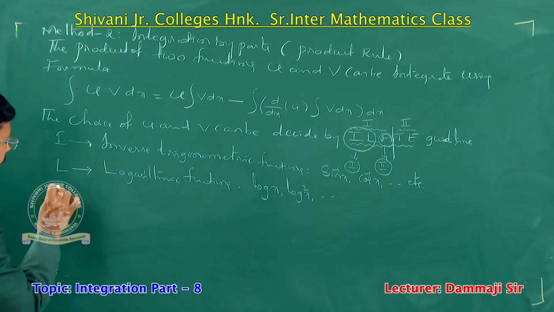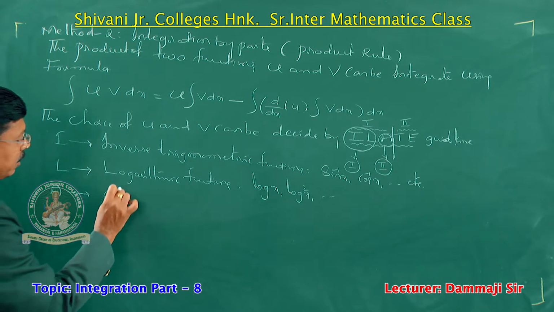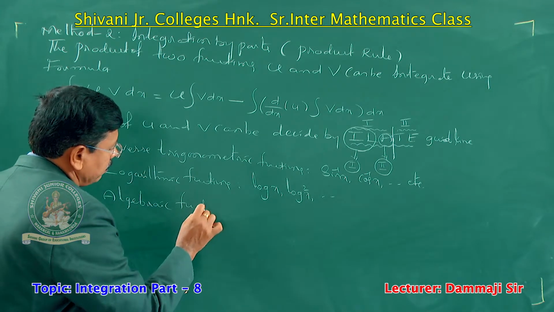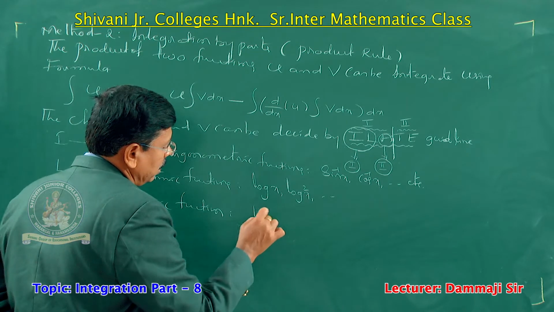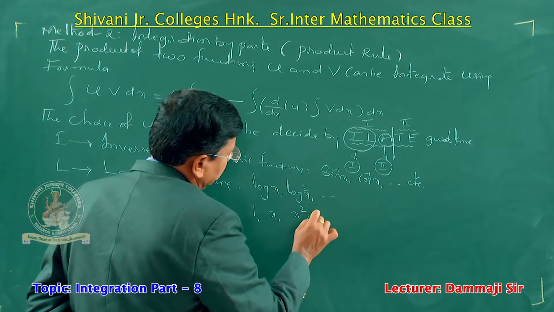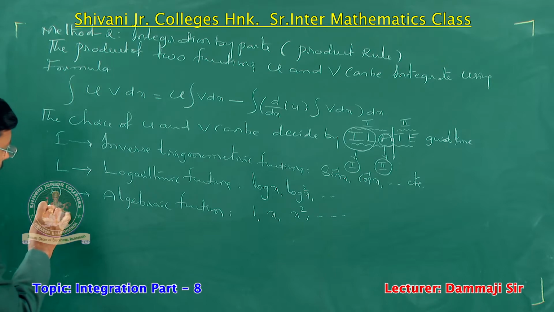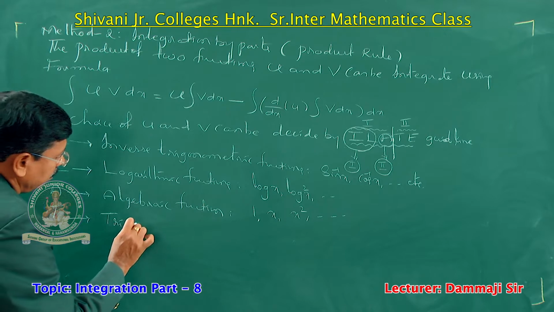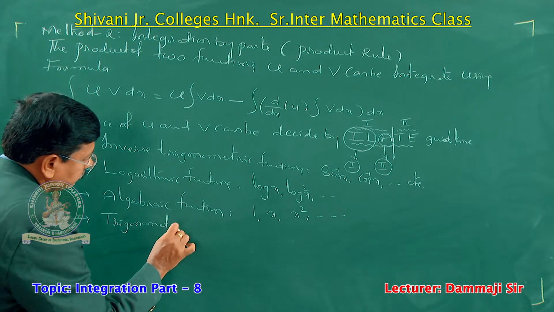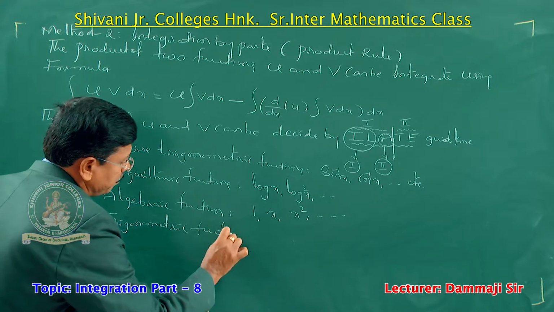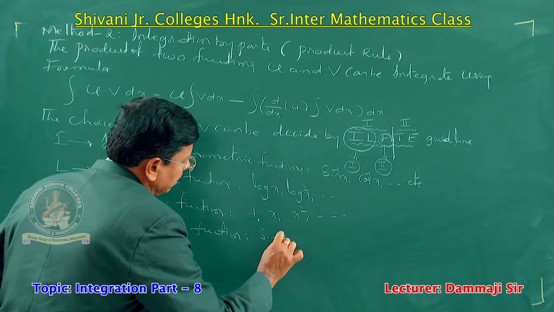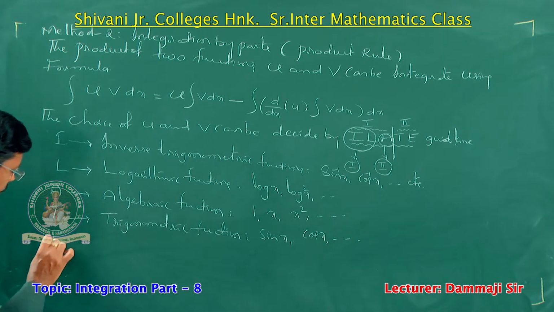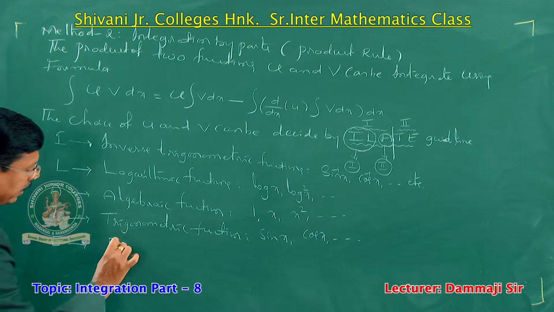A is algebraic functions, that is 1, x, x square, and so on. T is trigonometric functions, for example sin x, cos x, and so on. And E stands for exponential.